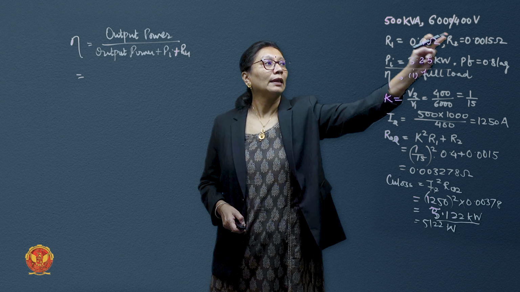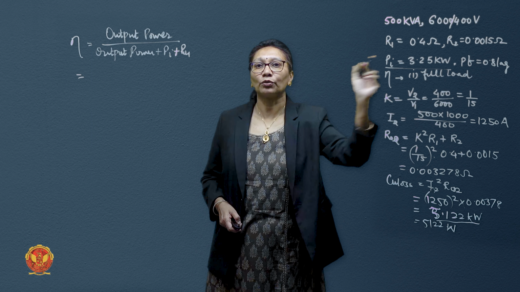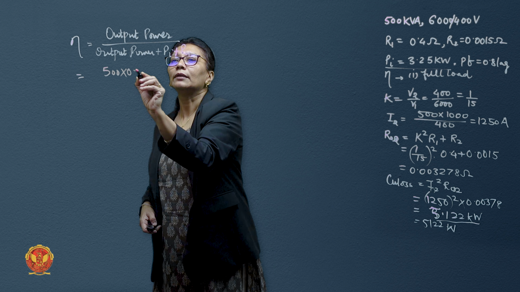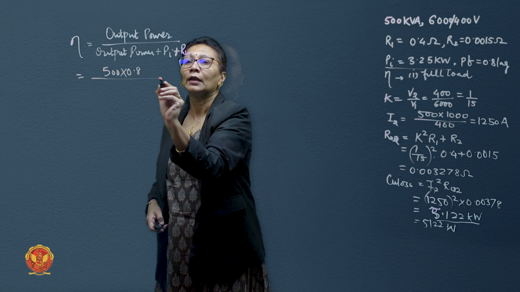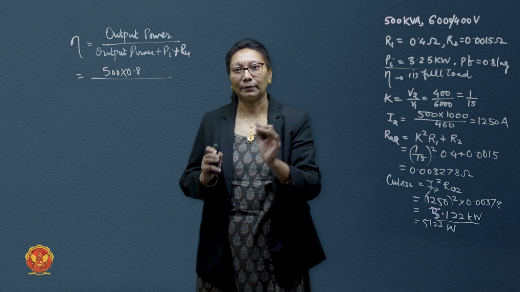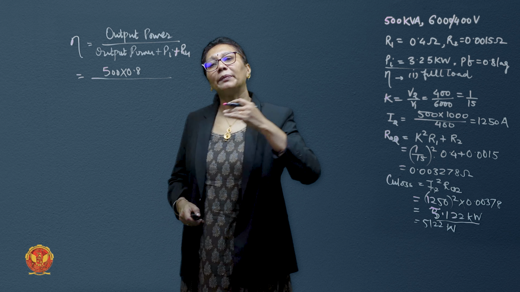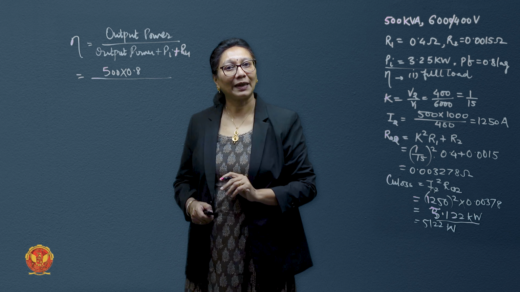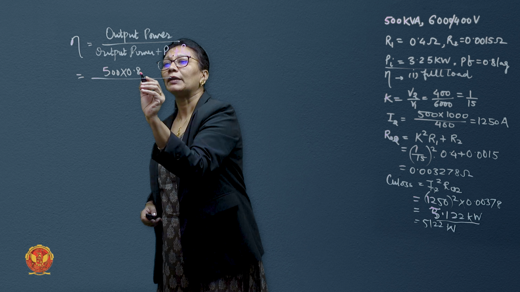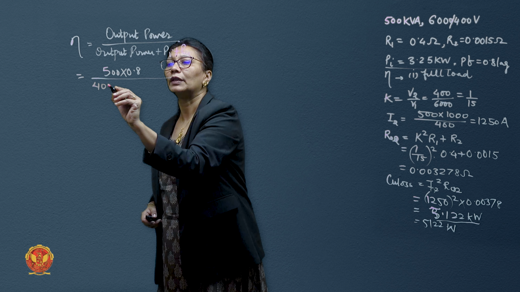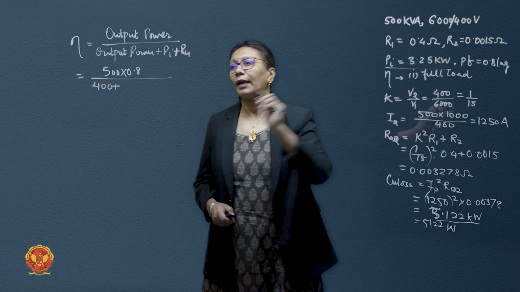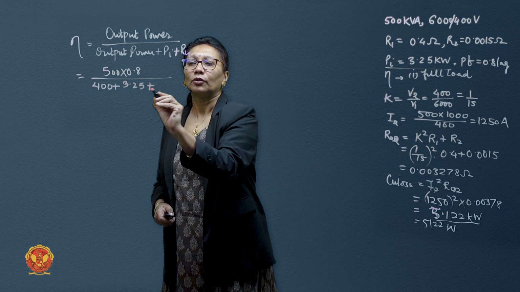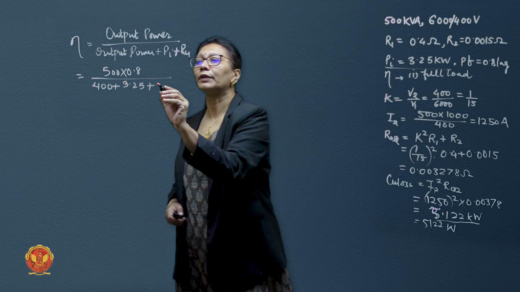We have also been given the power factor, so when we multiply by 0.8, we get the value in kilowatts, that is, the output power rating. Since we are taking all values in kilowatts, we don't need to multiply by 1000. So below also, 500 into 0.8 is 400. So we can write directly 400 plus iron losses, which is fixed, and copper losses 5.122.